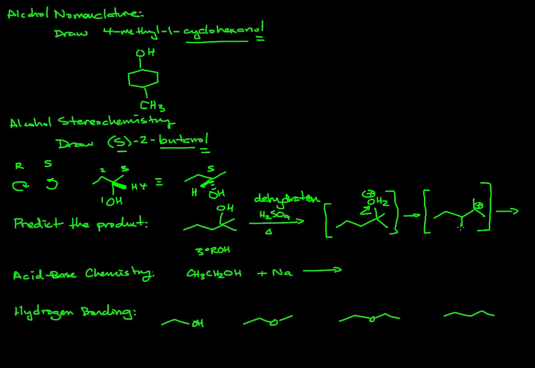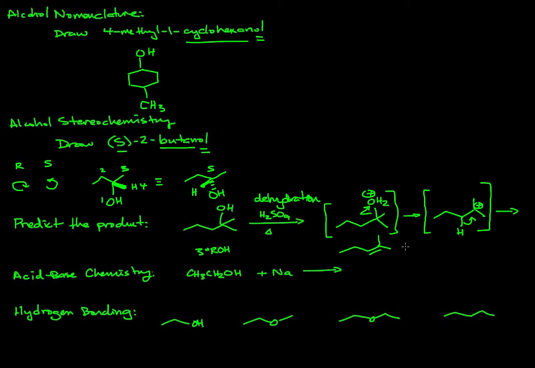We want to do an elimination so that we form the most stable alkene. And we're going to do that from a carbon bearing the least amount of hydrogens. So that's going to be this carbon here next to the carbocation. So when we do that, we'll end up with the following alkene. There's our double bond.